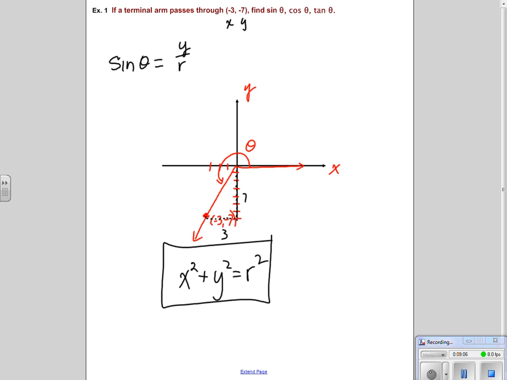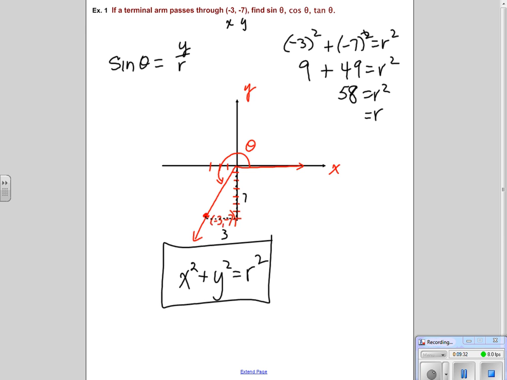So for my r value, I have (-3) squared plus (-7) squared equals r squared. 9 plus 49 equals r squared. 58 is r squared.